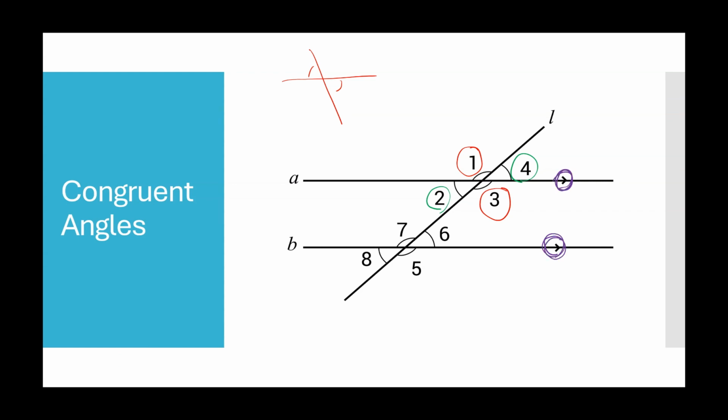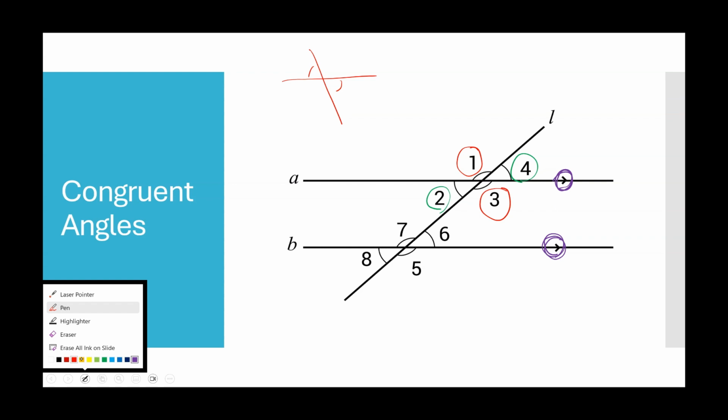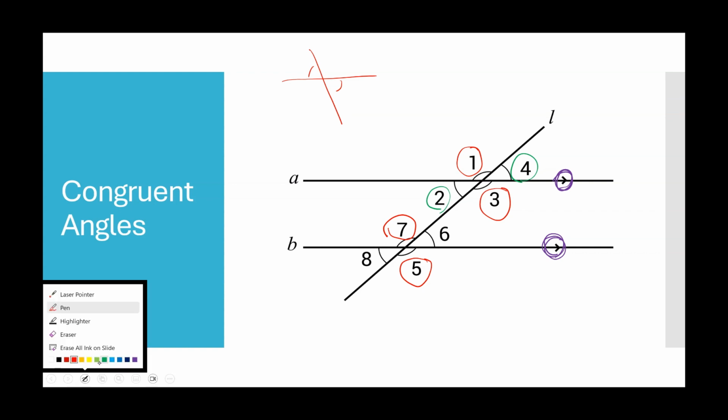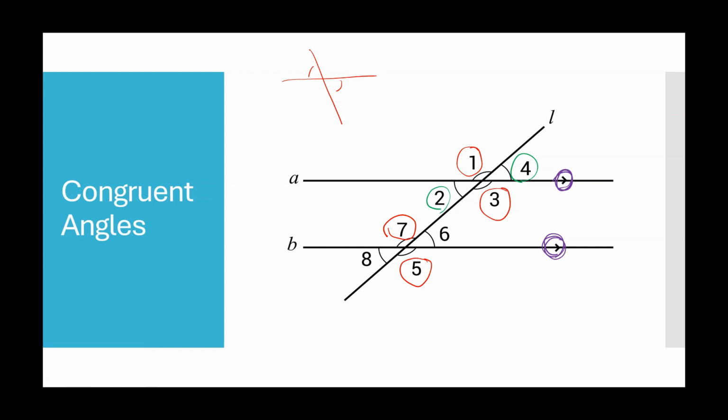If these 2 lines are parallel, then 1 and 7 are equal to each other, and 3 and 5 are equal to each other. And since 1 and 3 are equal, well, 7 and 5 are also equal. All 4 of those angles I just circled in red are congruent to each other. Similarly, 2 and 4 and 6 and 8 are all congruent to each other.